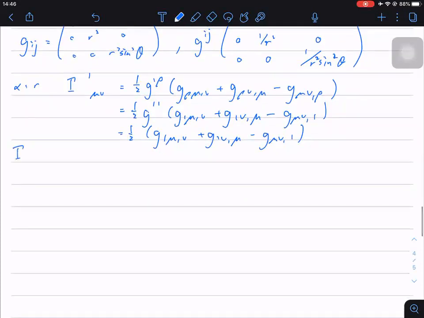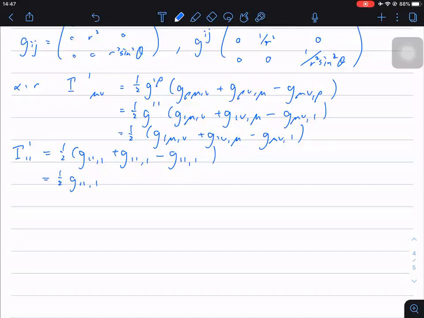Okay, so we have gamma 111 equal to G11 times the bracket 111 minus 11 comma 1, which is basically G11 comma 1.